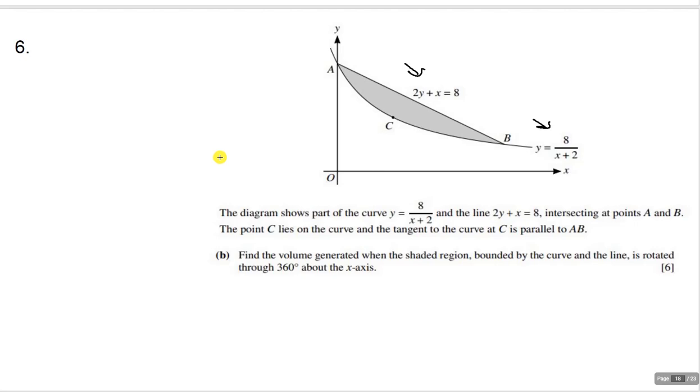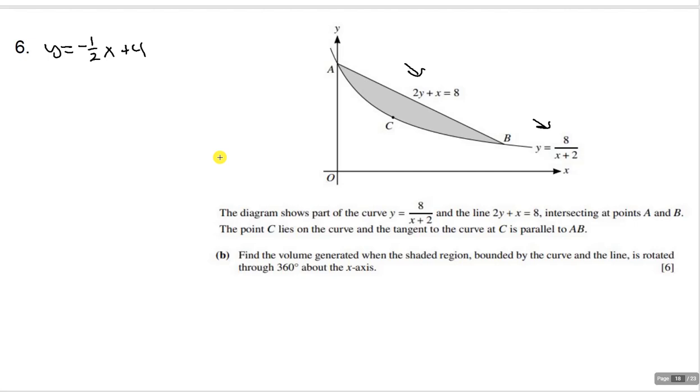So keep in mind what we're going to do is integration. If we're going to do this, we really need this to be y equals, and we already know that this is y equals -1/2 x plus 4. All right, that's the guy on top. That's what we're going to start with. And so again, we're doing volume.